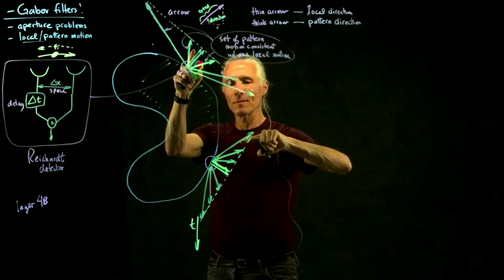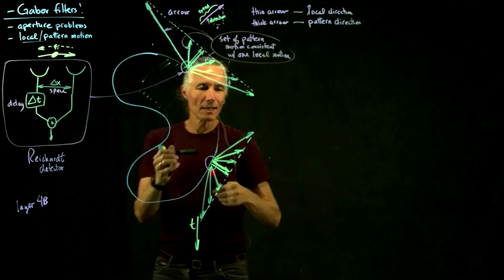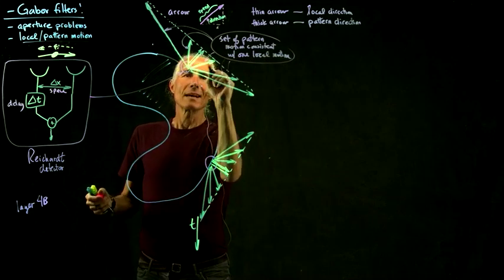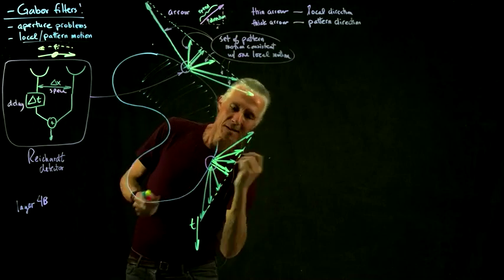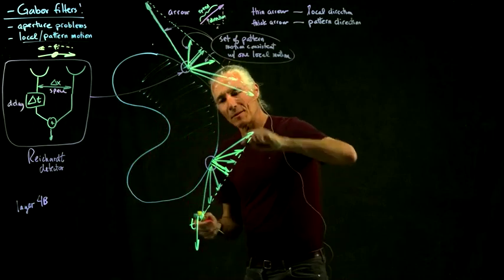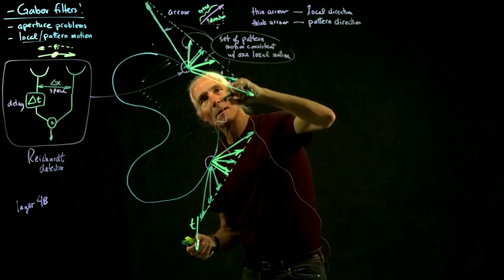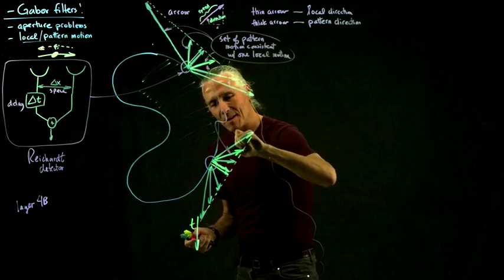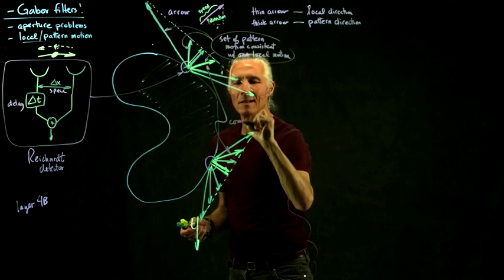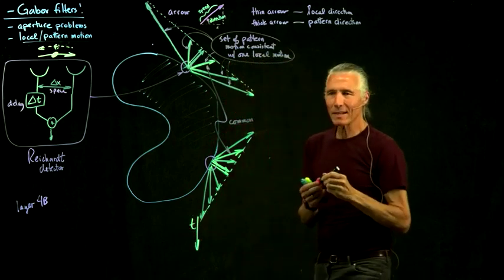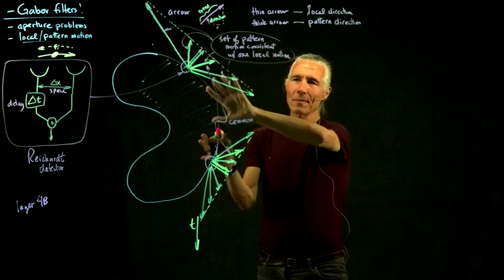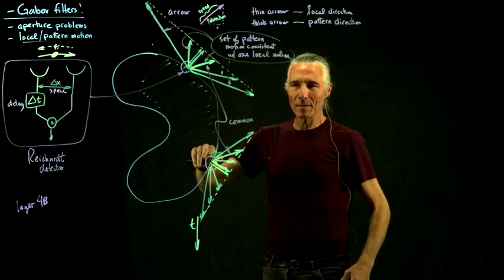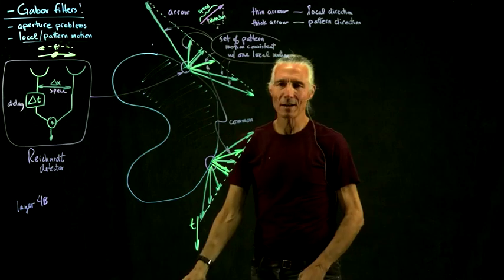We can't find it over here, but if we look at this guy right here, it is about the same. So that's a common one. So by looking at that, we can say it probably was actually going slightly upward, just by combining information from these two Reichardt detectors.